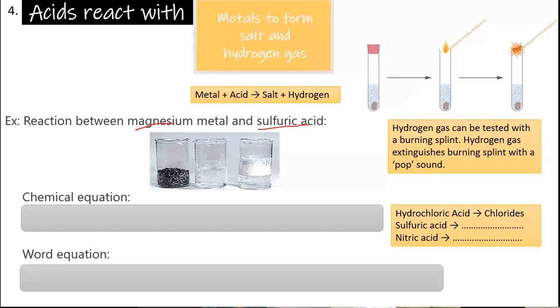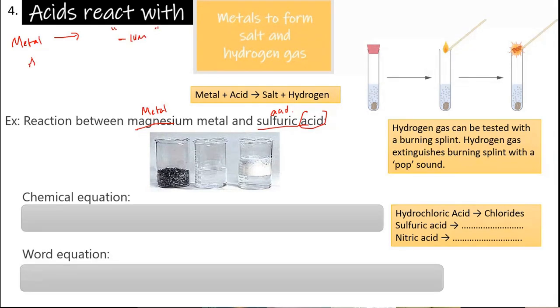Magnesium is a metal. Sulfuric acid is an acid. What are other metals? Remember, metal names commonly end in ium.